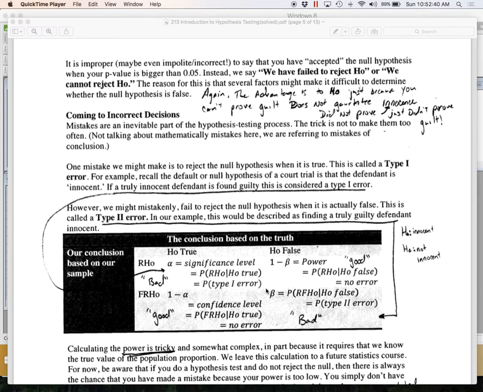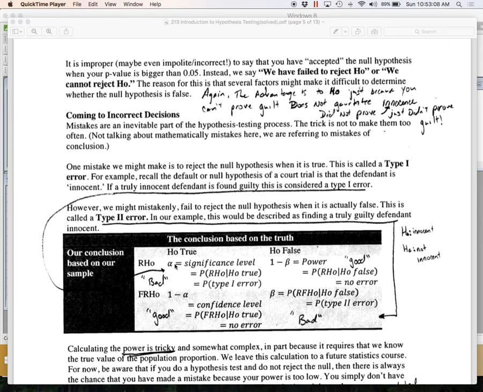This happens when we fail to reject the null hypothesis and the null hypothesis is false. So when we, quote unquote, accept it based on the data, we say the null hypothesis seems to be true. However, the null hypothesis is actually incorrect. This is called a type 2 error.